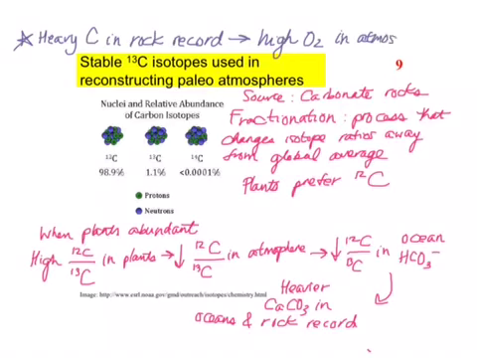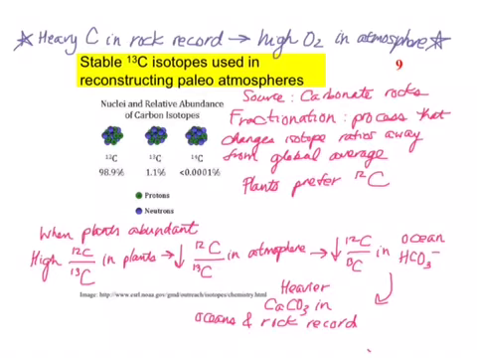So I'll just say right up front, when you're studying for the exam, this is a really important key point to understand and also to remember. So the way I like to remember this is that plants are taking up carbon dioxide through these really tiny pores in their leaves. And so kind of the mnemonic device that I use to remember this is that it's easier for light carbon to get into these really small pores.